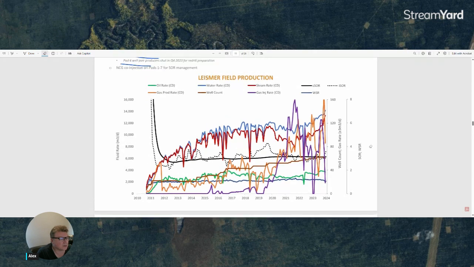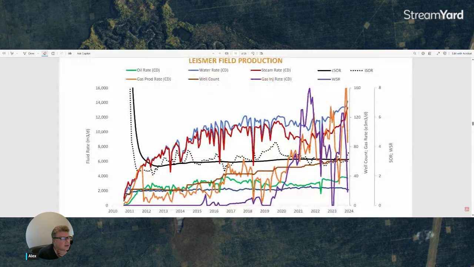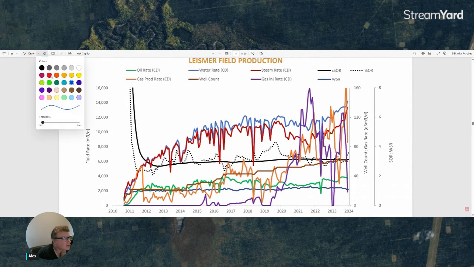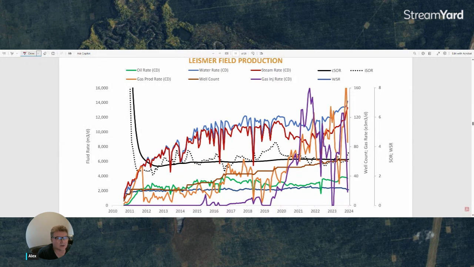Okay, so let's spend a little bit of time analyzing this graph here. Just like in the MEG Energy example, we always have steam injection. So steam injection, what color is that always, guys? It's a very easy answer. Steam injection is always in red. Great. What about oil?